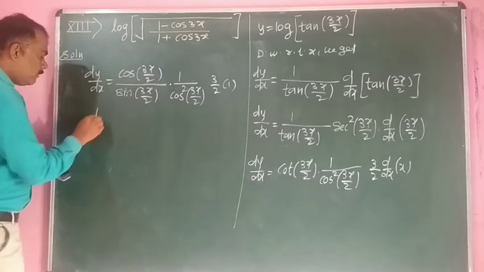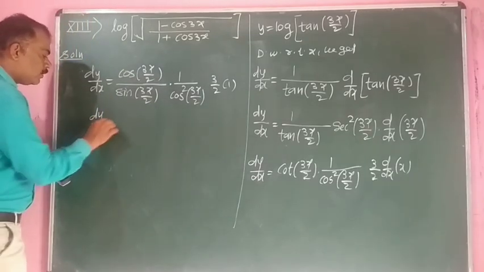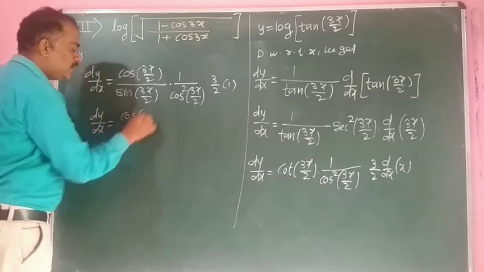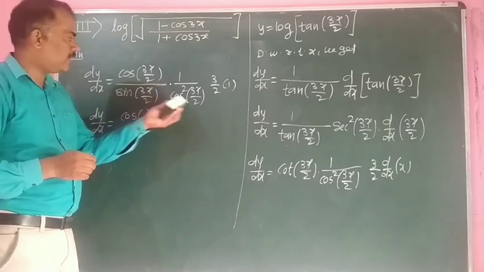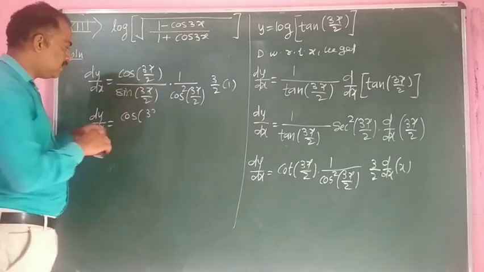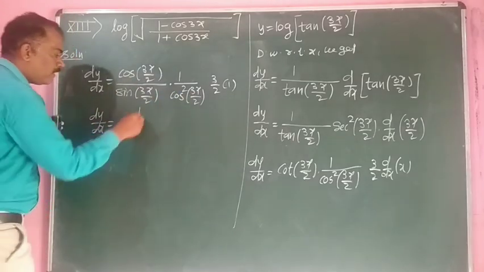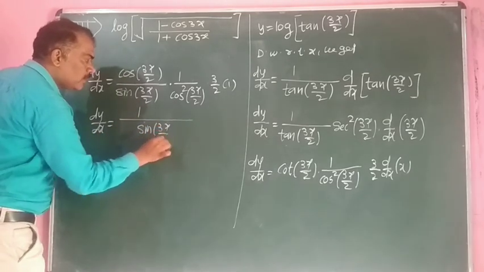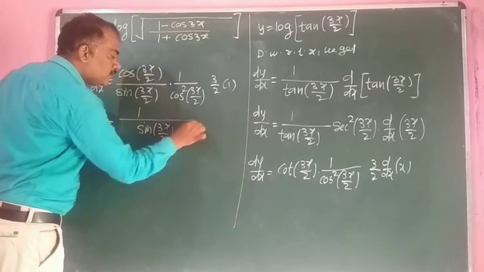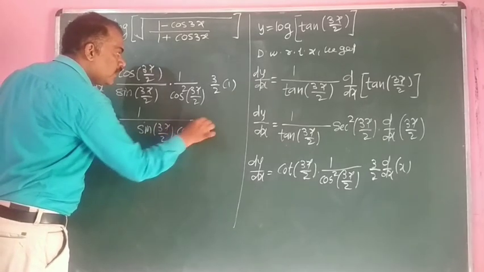That is, dy by dx is equal to cos of 3x by 2 over sine 3x by 2, times 1 upon cos square 3x by 2. From this, one cos gets cancelled. So what remains? 1 upon sine 3x by 2 into cos of 3x by 2, into 3 by 2.